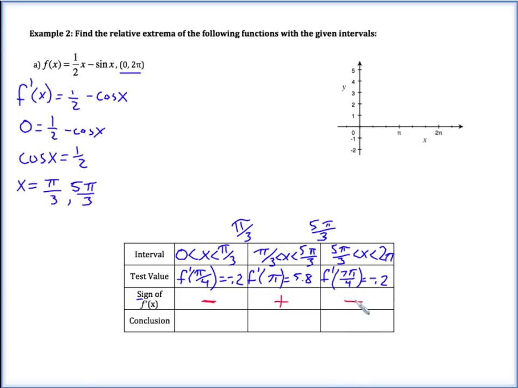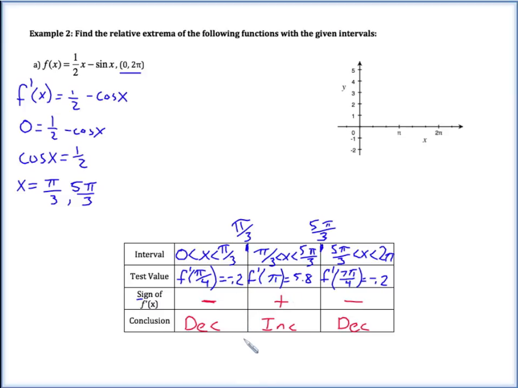So what's our conclusion? Well, the conclusion is on this interval we know the function is decreasing. On this interval the function is increasing, and on this interval the function is decreasing. So what does that tell us is happening at our critical values right here?